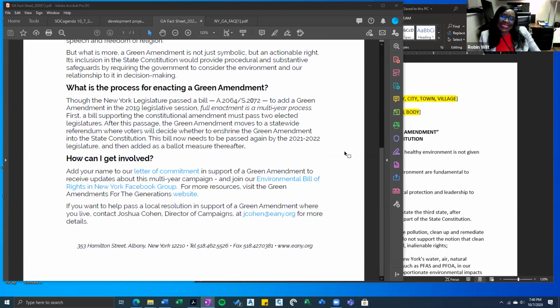So they could kind of vote for it and give a sense that they were in favor, but there was no practical implication. So we think it's going to be important to have this kind of support in order to get it passed in 2021 when it will actually trigger a referendum.